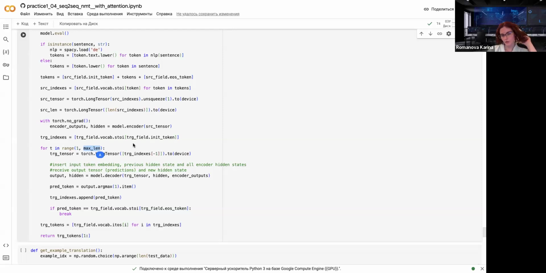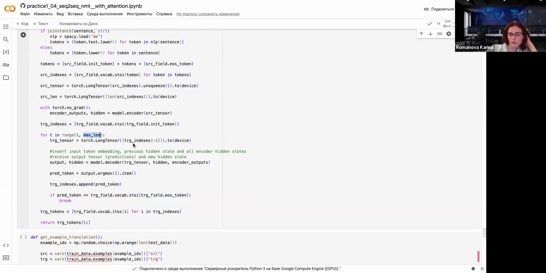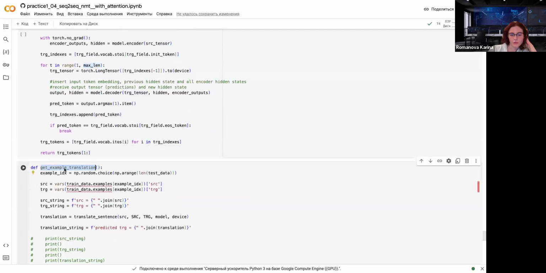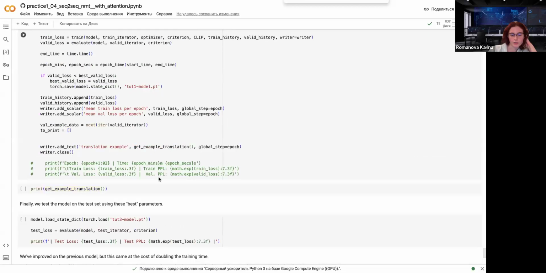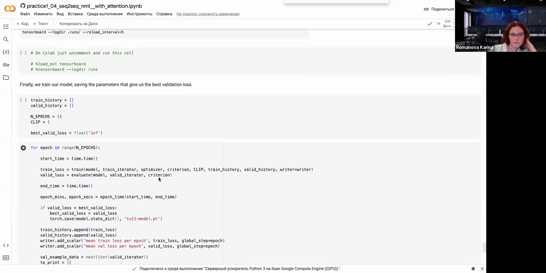Also we have conversion of tokens. The generated indexes are converted back to the corresponding words using the target vocabulary. And we have the get example translation function. It's here.